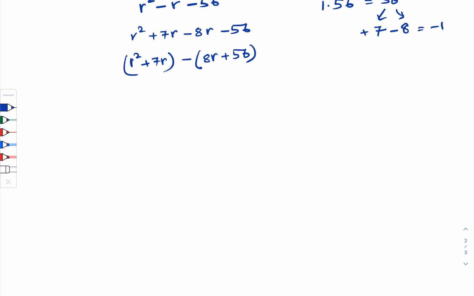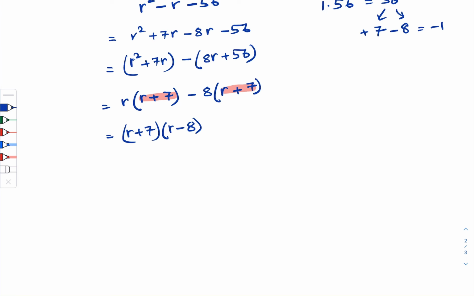And then I'm going to factor things out, right? So I'm going to factor r out of the first group, so that leaves behind r plus 7. And I'm going to factor 8 out of the second group, so that gives me r plus 7. And because we're on the right track out here, those two match. So I'm left with r plus 7 times r minus 8. And there you have it, okay?